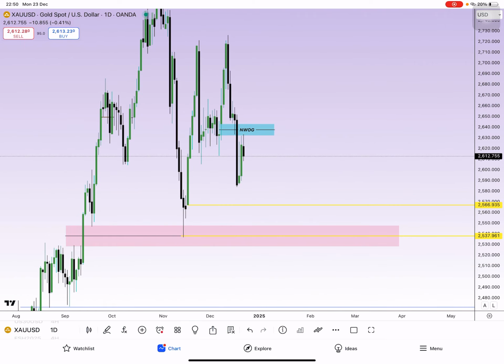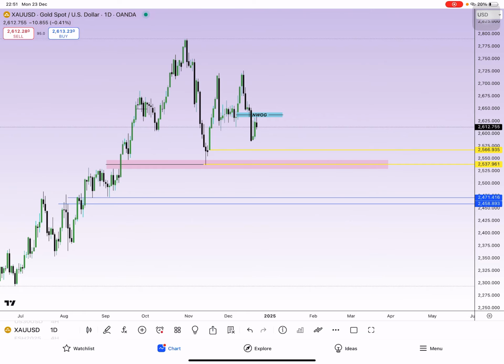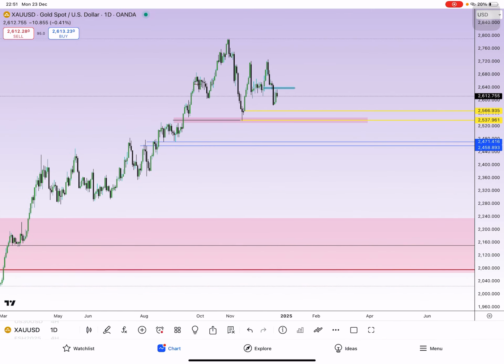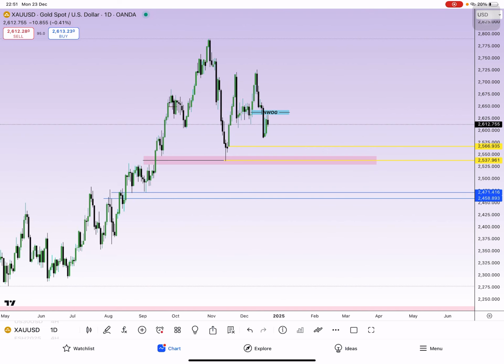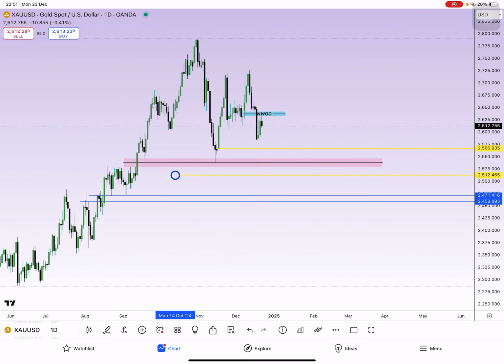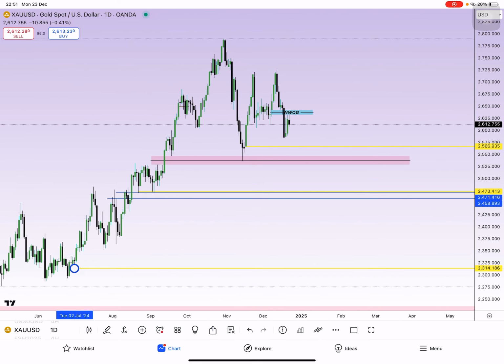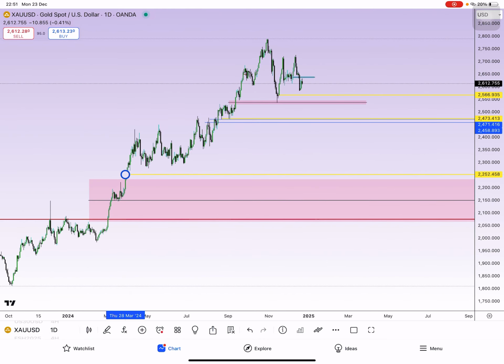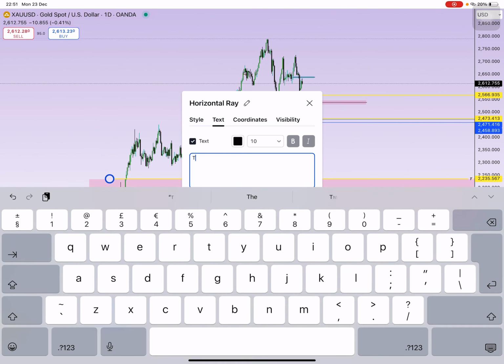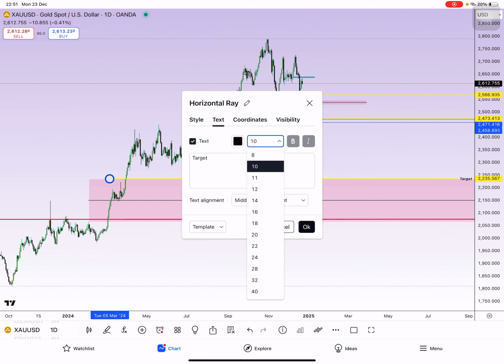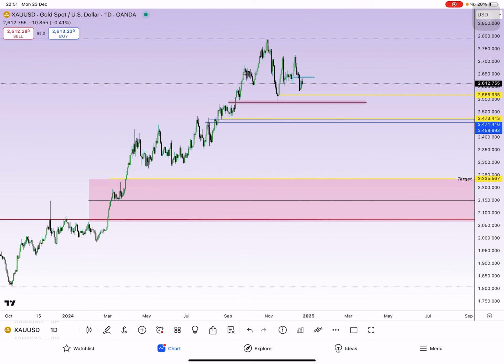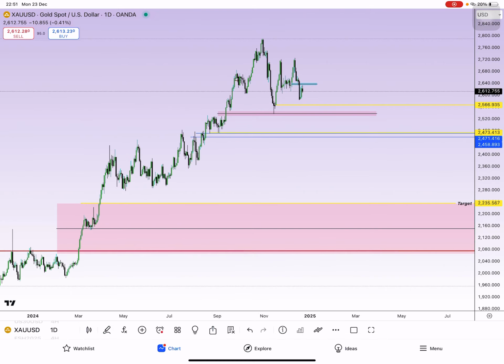And I would say that this would be our second target, and remember the monthly time frame I showed you, this one. This is gonna be our final target. Okay, so this one is gonna be our final target.